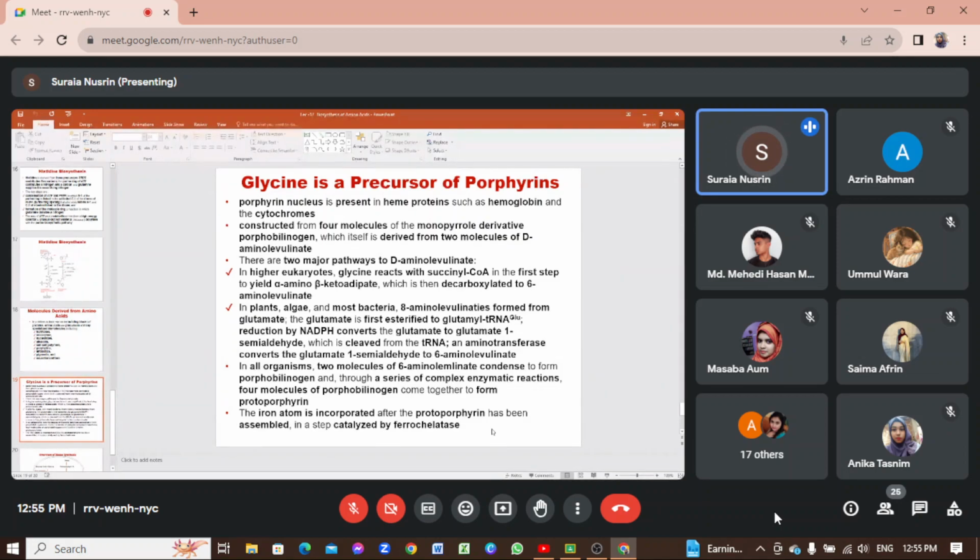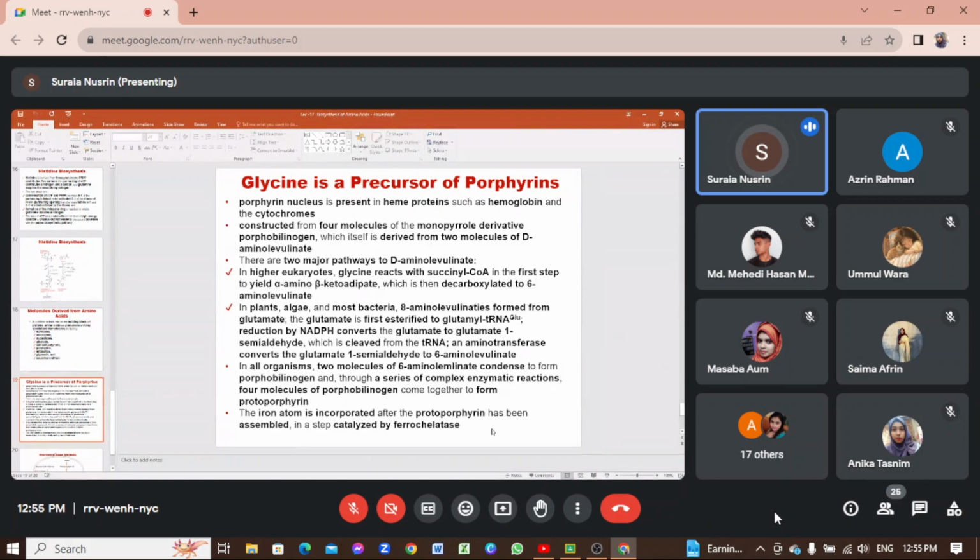Now we can say aminolevulinate is the common intermediate of porphyrin. But because of differences between organisms, there are two pathways to synthesize aminolevulinate. Higher eukaryotes synthesize it from different precursors than the others.